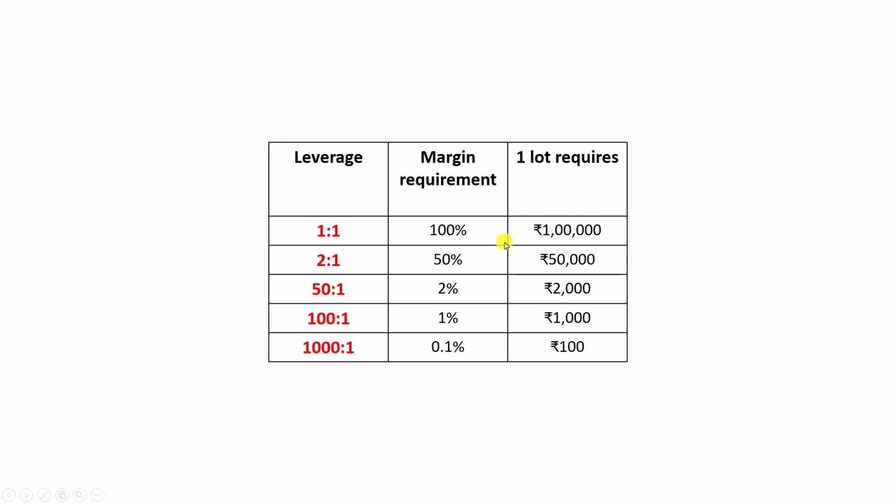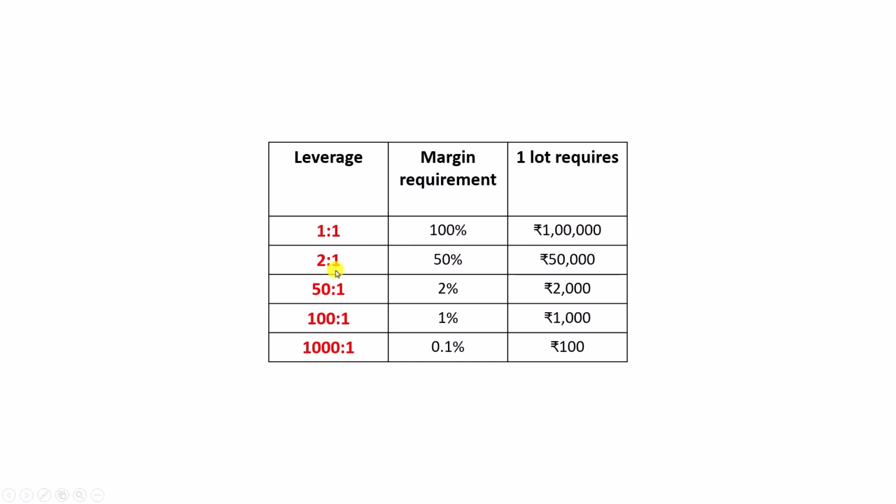You need to add this much money to your account to buy one lot. So that is the meaning. If you have this much money, you can control this much money. If you add this much money to your account, you can buy one lot which is worth this. That is the meaning.